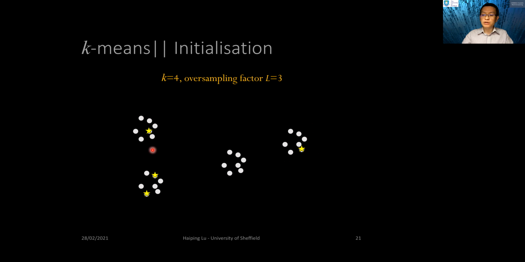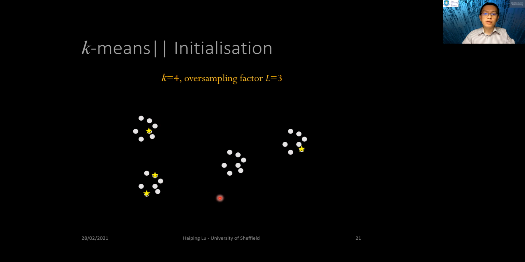As we said, these points have a larger distance than these points, so they have a higher probability to be chosen. For example, if you oversample 3, then the next 3 points are highly likely to be over here, for example 1, 2, 3. And then we do another sampling. We sample another 3 points, and they should be far from these existing centroids 1, 2, 3, and 4.